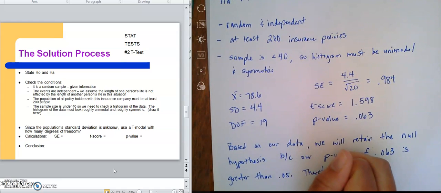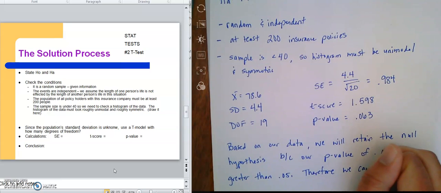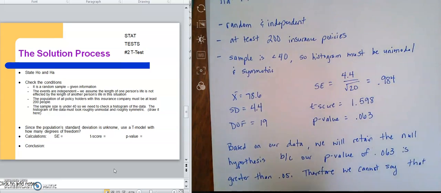Therefore, we cannot say that life expectancy has increased.